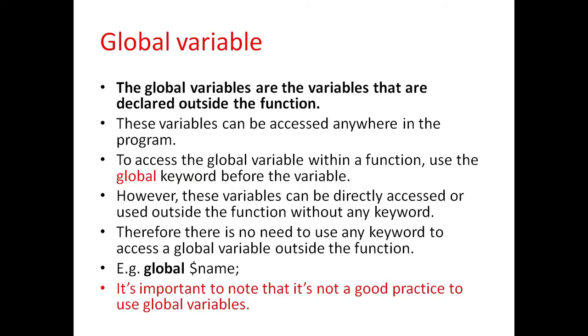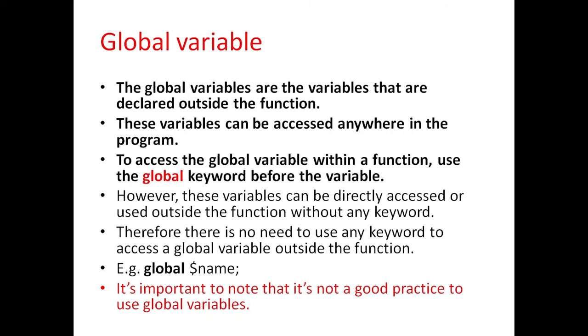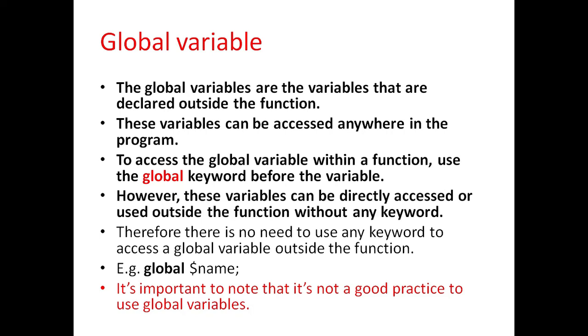Global variables are the variables that are declared outside the function. These variables can be accessed anywhere in the program. To access the global variable within a function, use the global keyword before the variable. However, these variables can be directly accessed or used outside the function without any keyword.